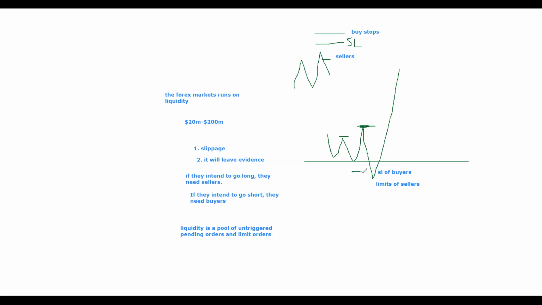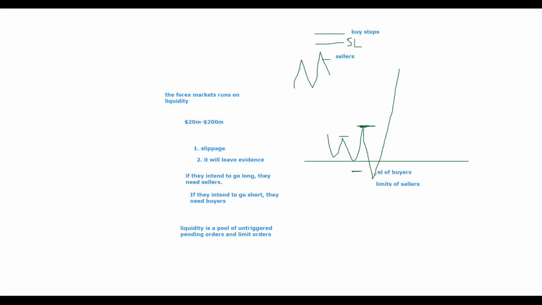So your stop loss here is a sell order. Are we on the same page? Then those that are selling, those that have sell stops here, their sell stop order, when it becomes activated, is also a sell order.